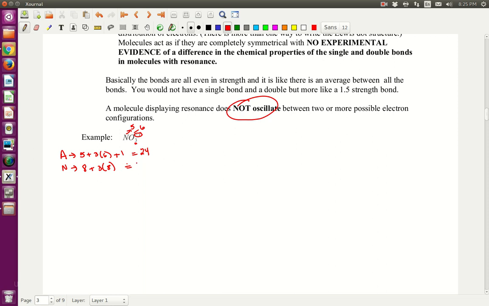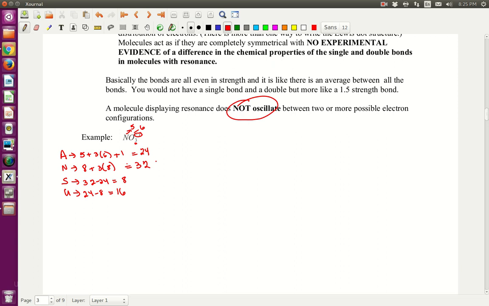So that's 8 times 4, which is 32 needed. How many are shared? 32 minus 24. Remember, it's needed minus available. So that is 8 that are shared, and how many are not shared? Well, that's available minus shared, so 24 minus 8, so that's going to be 16.